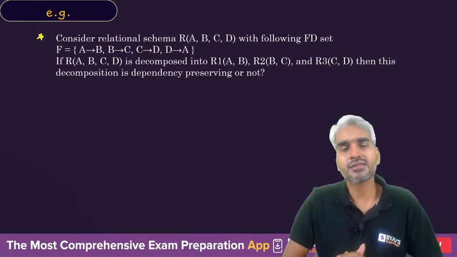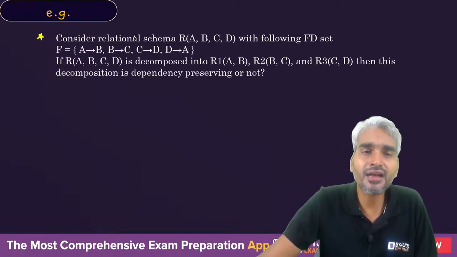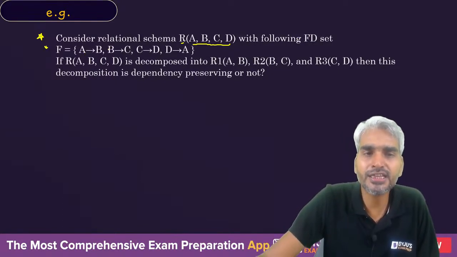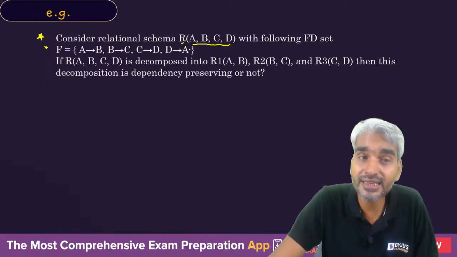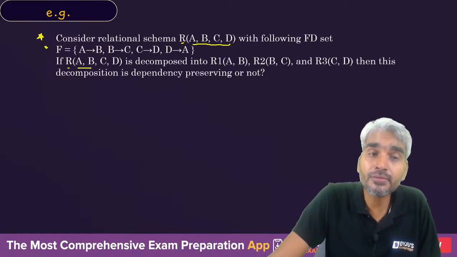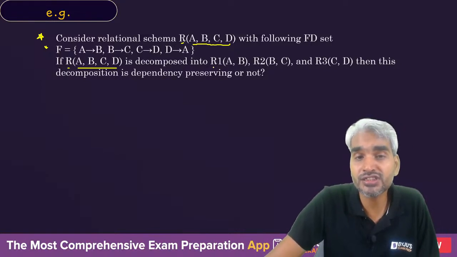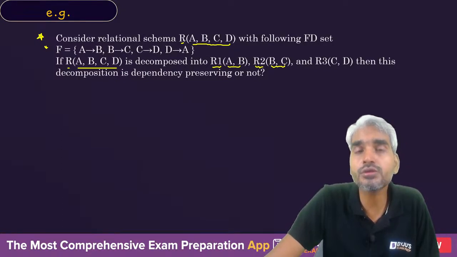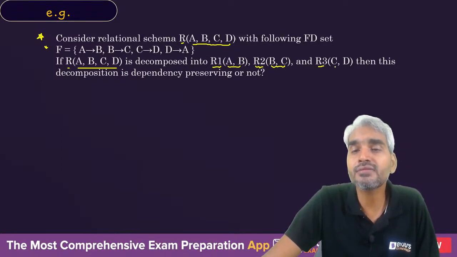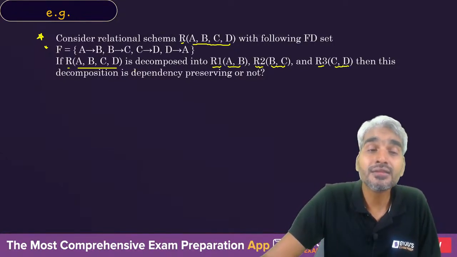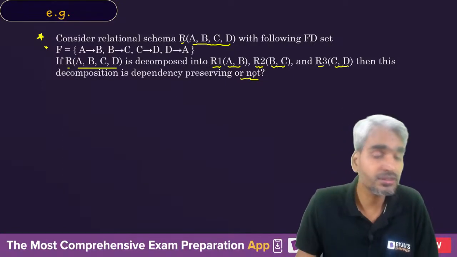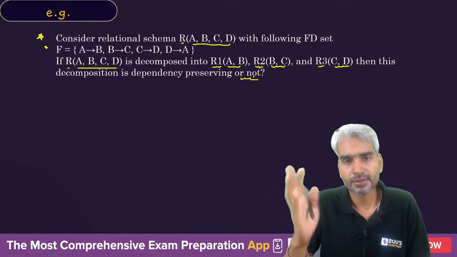Consider a relational schema R which consists of 4 attributes A, B, C, D, and the FDs are A implies B, B implies C, C implies D, and D implies A. Now, if this relation R is decomposed into sub-relations, R1 which consists of only 2 attributes AB, R2 which consists of only 2 attributes BC, and R3 which consists of 2 attributes CD, then is this decomposition dependency preserving or not? That's what is being asked in this question. Take 1 minute and think.